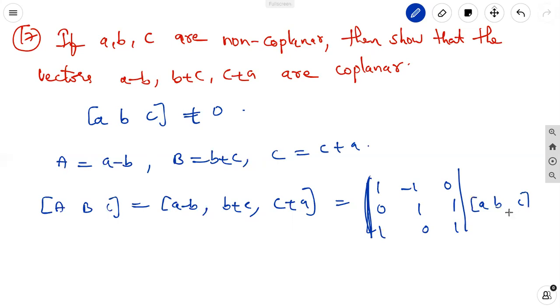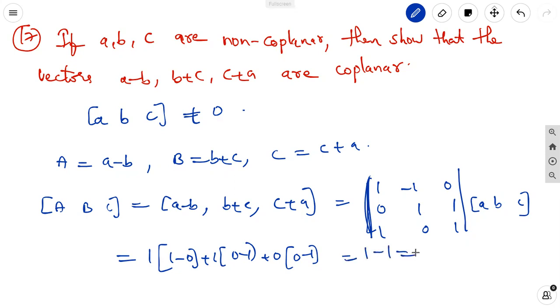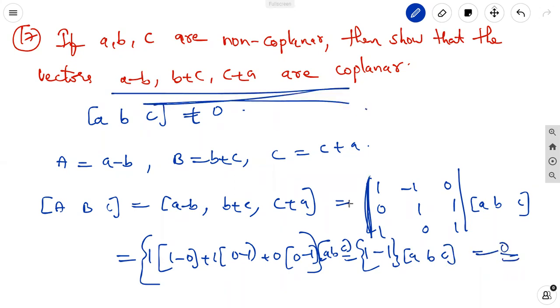Find out the determinant: 1 into 1 minus 0 plus 1 into 0 minus 1 plus 0 into 0 minus 1. It is equal to 1 minus 1, which is 0, times volume of ABC. It is equal to 0. So, these should be coplanar. That is the relation.